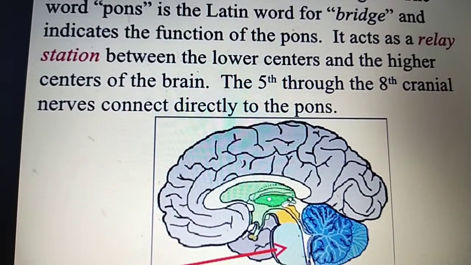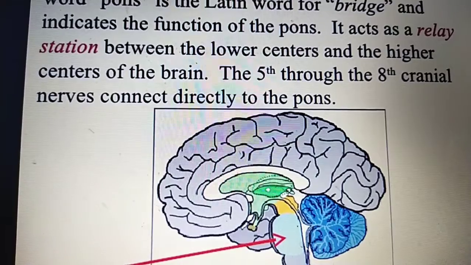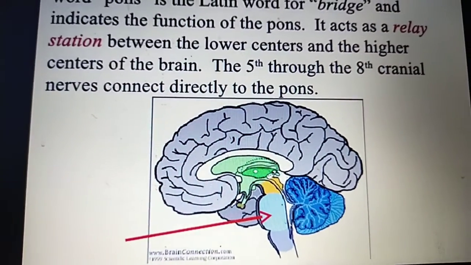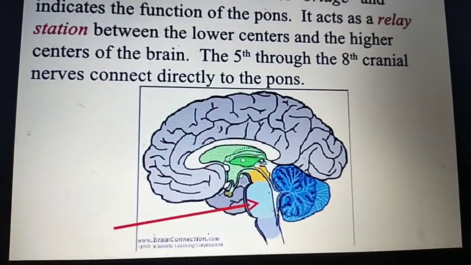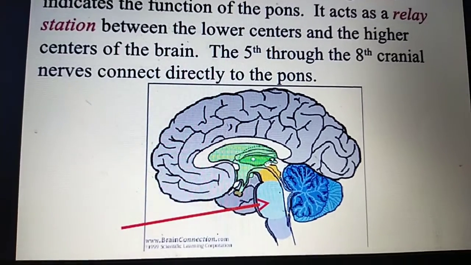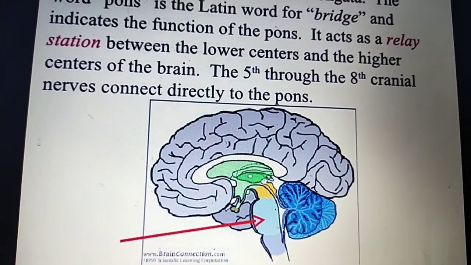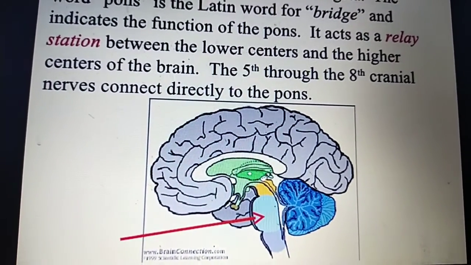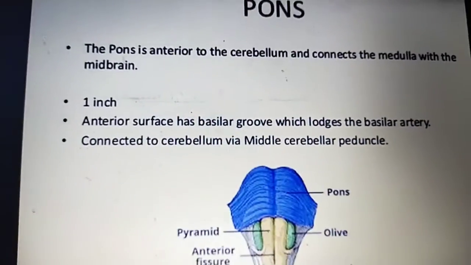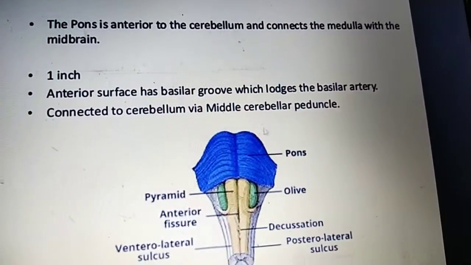The fifth through the eighth cranial nerves connect directly into the pons. In between pons and medulla oblongata some cranial nerves also originate. You can see here, this is the pons.